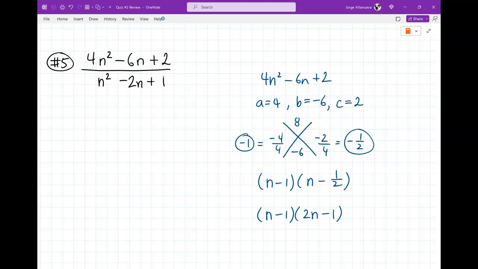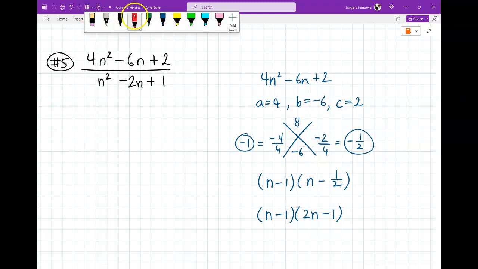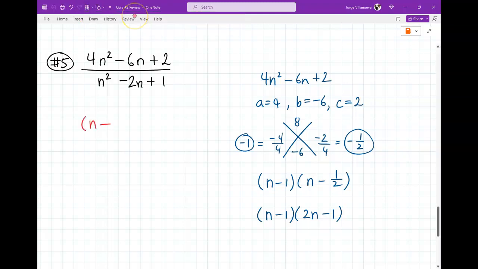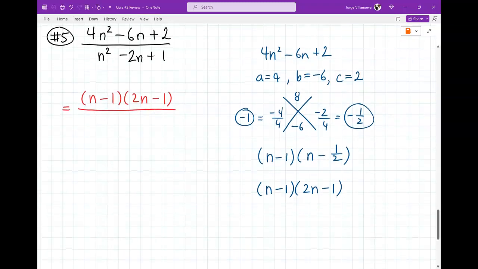So let me write that out. The top part is going to be n minus 1, 2n minus 1, divided by. All right. Now let's do the denominator. N squared minus 2n plus 1. Okay, I'm just going to do a little squiggly line here, just to denote that this is another piece here.